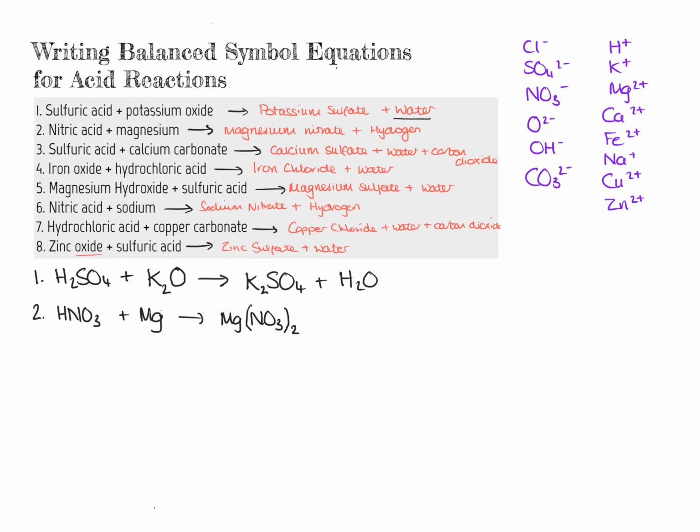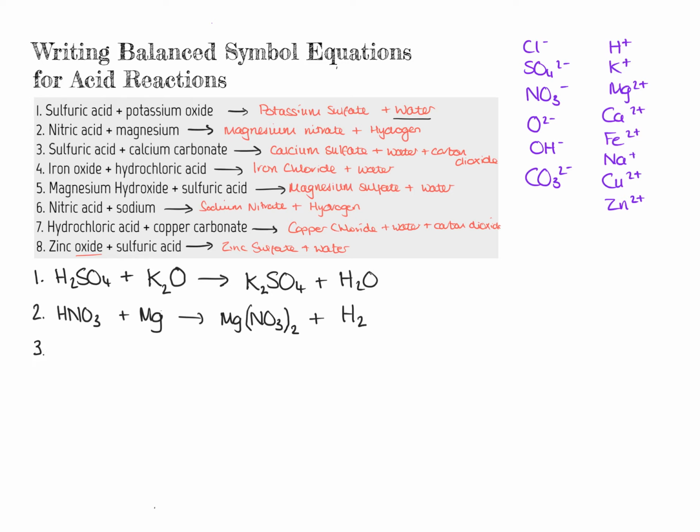So if you've got sulfate, nitrate, hydroxide or carbonate, these are our ions that are made out of more than 1 element combined together. If you need more than 1 of those ions, you need to put brackets around it and then say how many you need at the end. So that's how you do that one. Magnesium nitrate. Plus, for number 2, it was plus hydrogen, and hydrogen is diatomic. It comes in 2s, so it's H2.